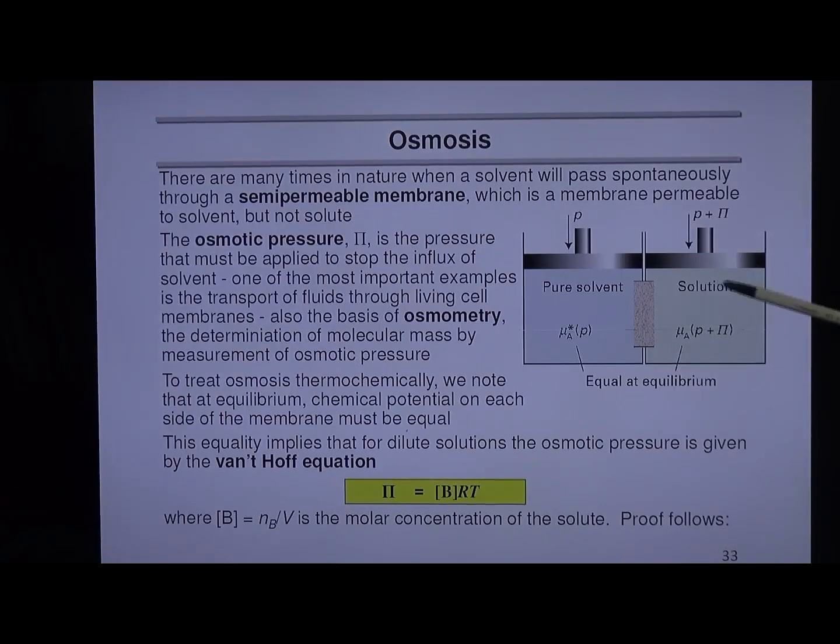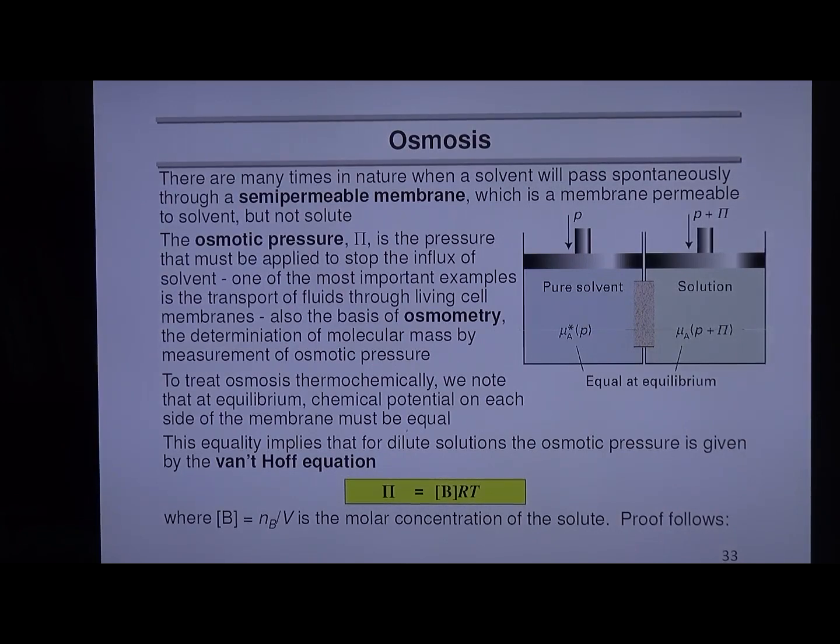Then, in this situation, on the left side there's only pure solvent. On the right side there is solution. Then, if there is a semi-permeable membrane, these solvent molecules would penetrate to the right, because the solution has a lower solvent concentration compared to pure solvent, right?